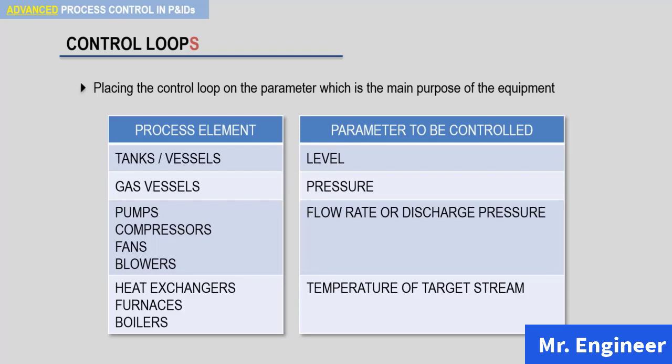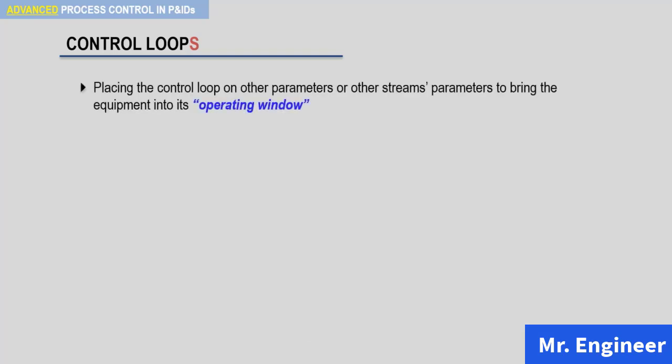Now, for the second requirement, placing the control loop on other parameters or other streams' parameters to bring the equipment into its operating window, we generally don't install a control loop for every single parameter to make sure that the unit operates within its operating window.